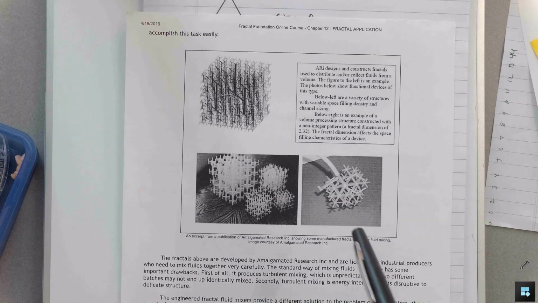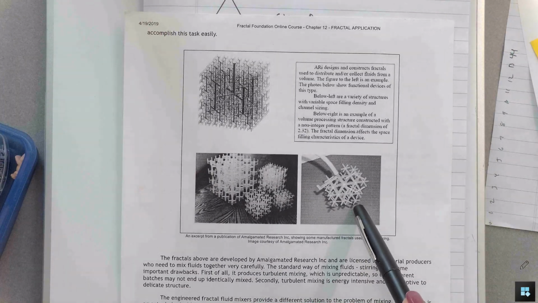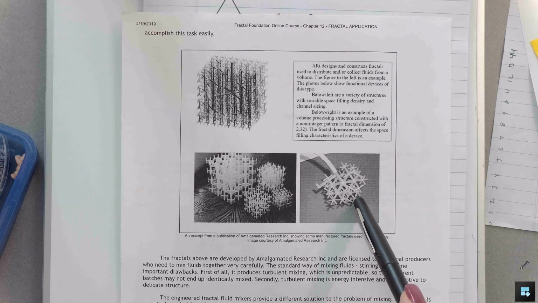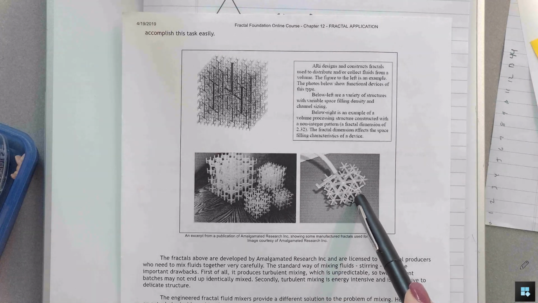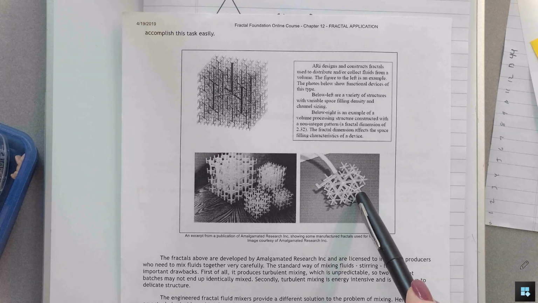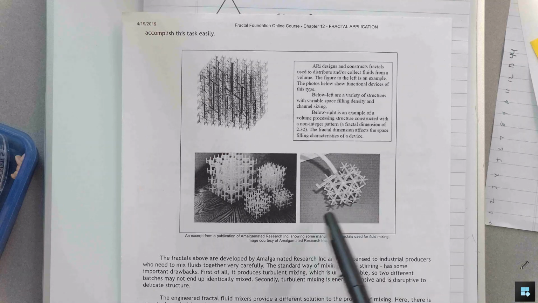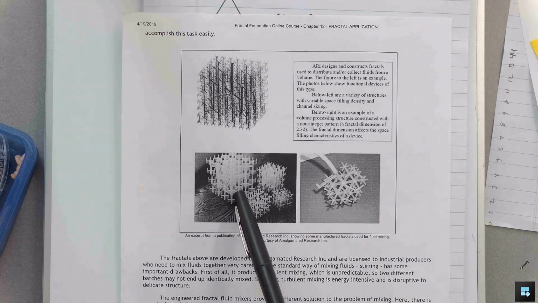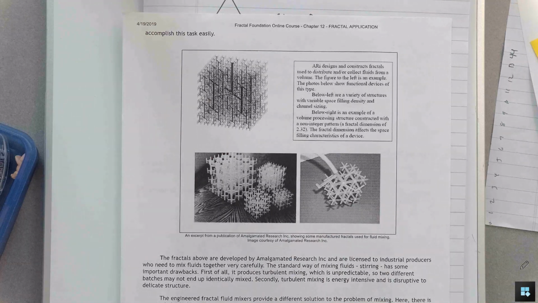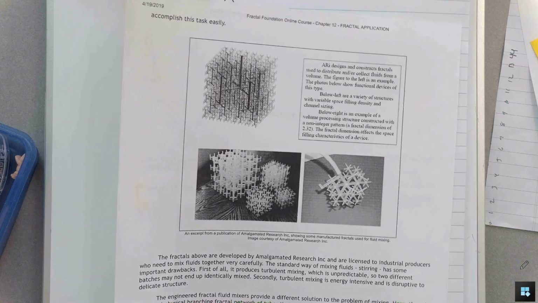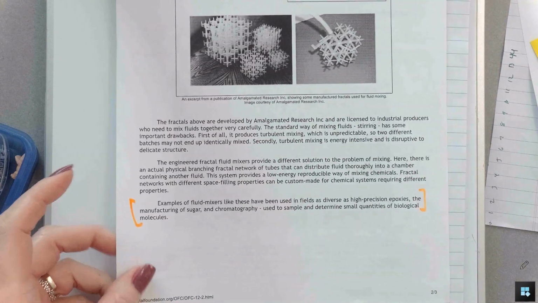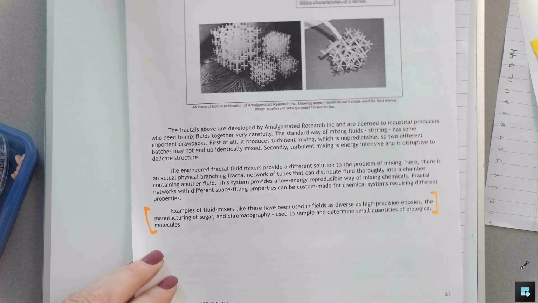Here we have a 3D fractal, and this is used to distribute and collect fluids as well. It's to spread fluids throughout a volume without just pouring them all in one spot, so that all the new fluid you're adding isn't concentrated in one spot.